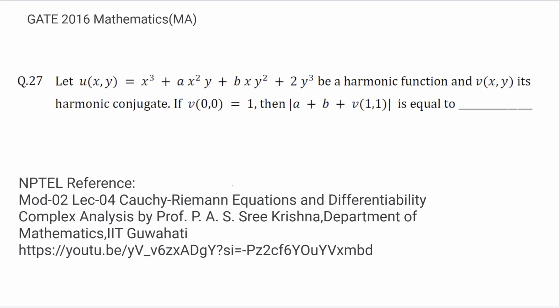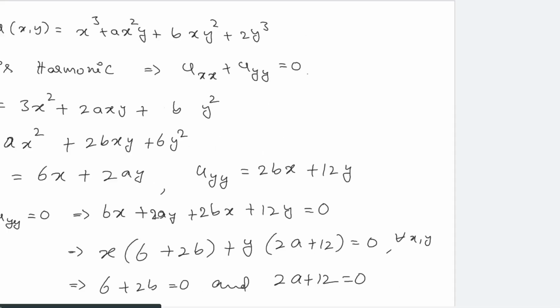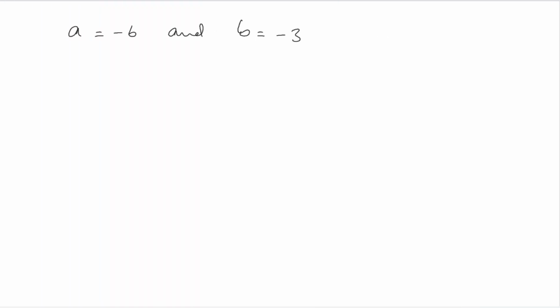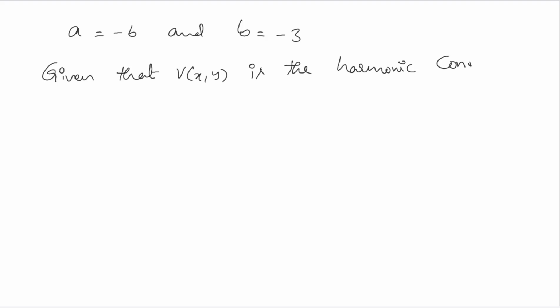Now to calculate the function v of x comma y, we have to use the condition that v is the harmonic conjugate of u. It is given that v of x comma y is the harmonic conjugate of u of x comma y.